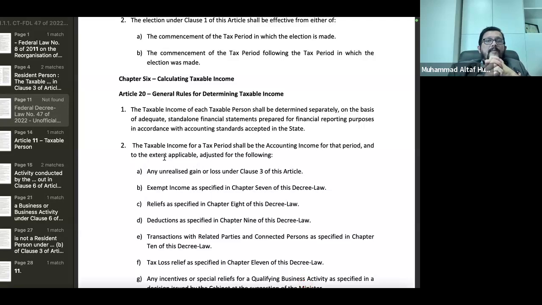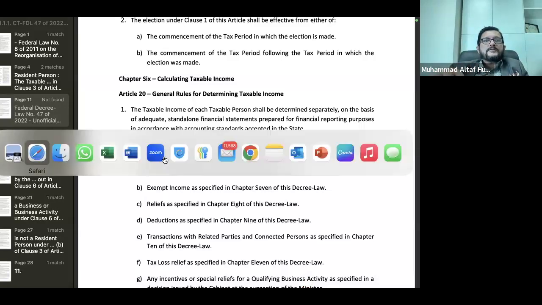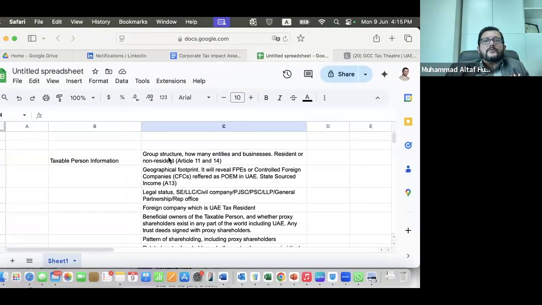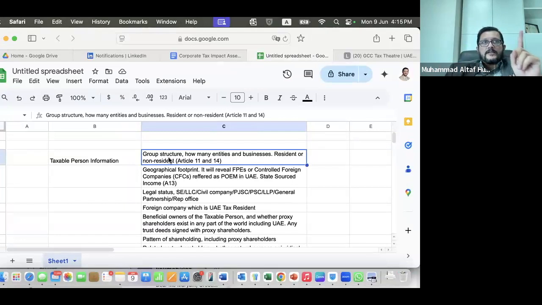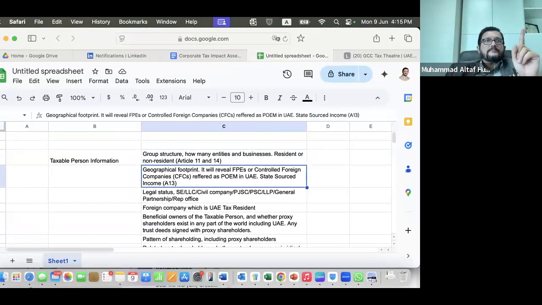But just studying the initial structure of the business, can we understand it will come under the top-up regime? That's why we take the initial information. The first thing we ask is group structure. The very next thing we ask is geographical footprint.